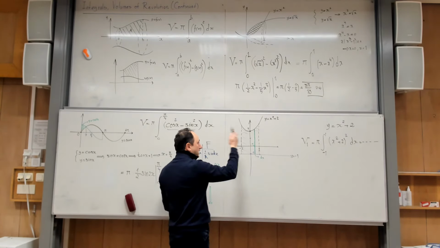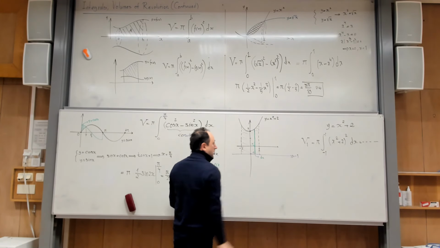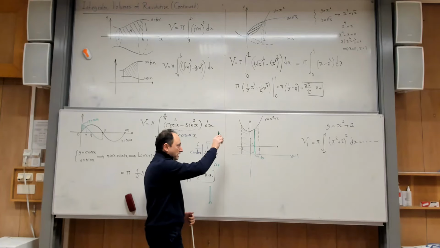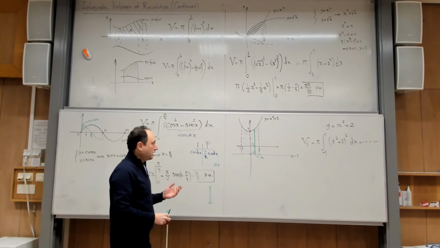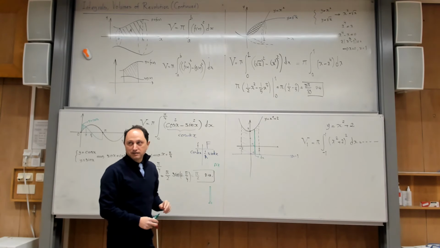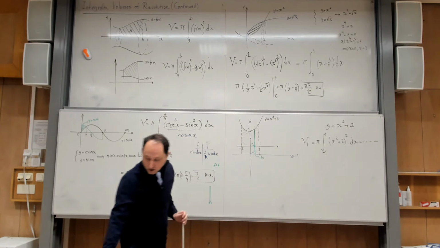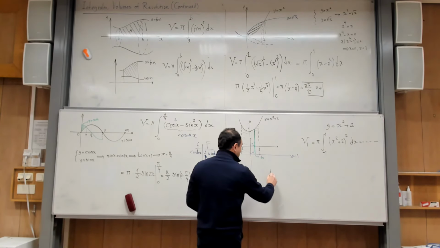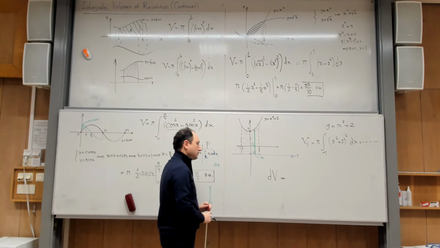And then imagine it rotates about y equals minus 1. Can you imagine it will generate a very thin disk? Okay, now can you tell me what is the volume of that thin disk? The volume of that thin disk, I call it dV. This is a very interesting way of understanding the integral.